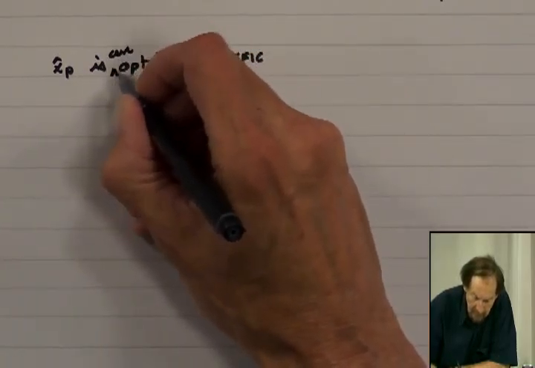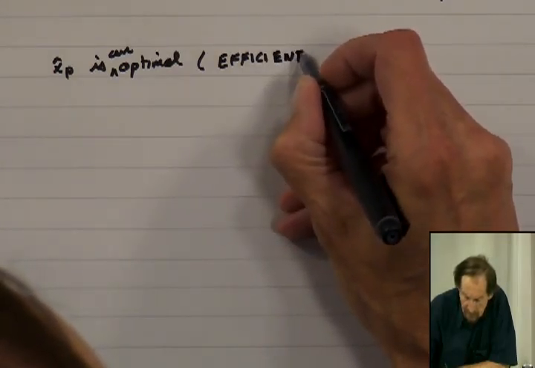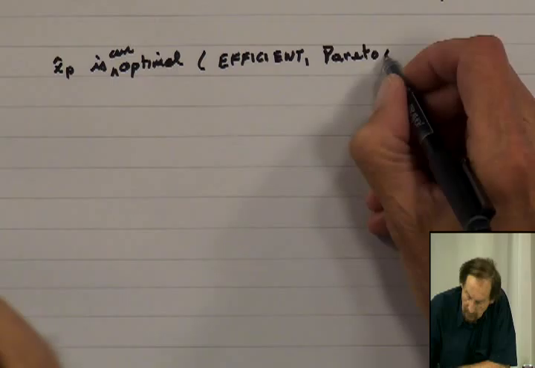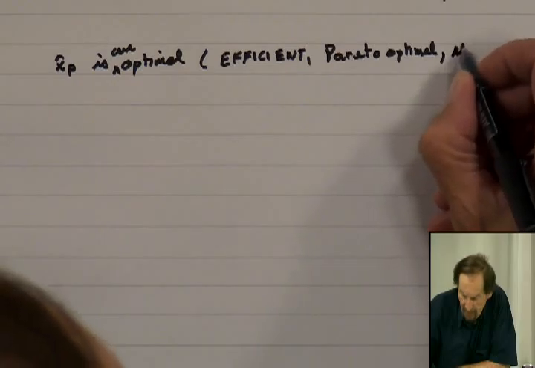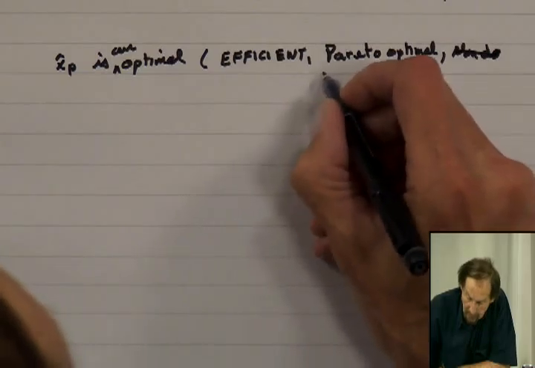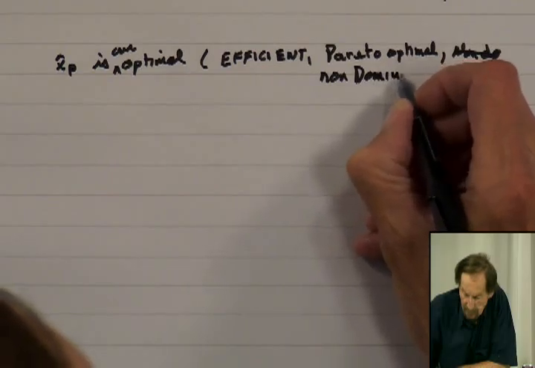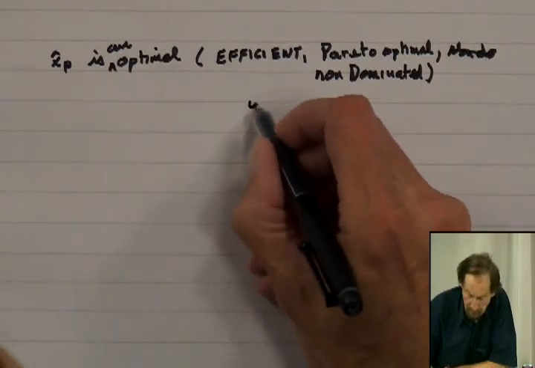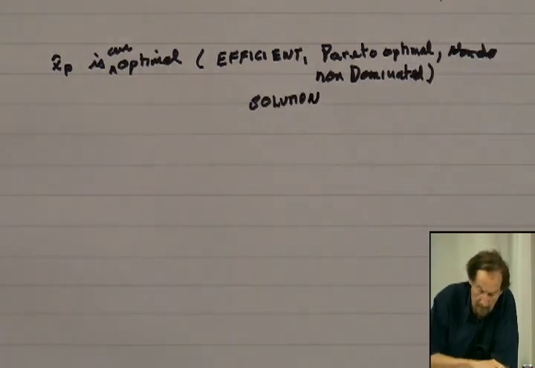When we say it is optimal, efficient, or Pareto optimal, sometimes called a non-dominated solution. And we'll say why.